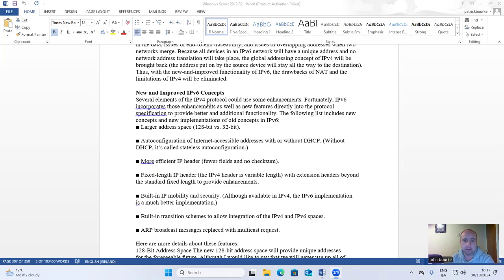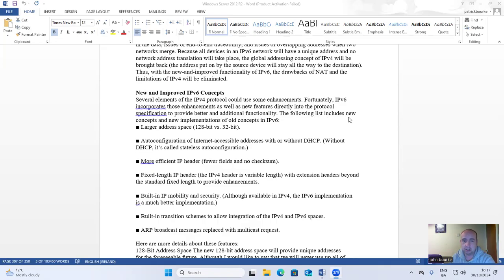Several elements of IPv4 protocol could use some enhancements. Fortunately, IPv6 incorporates those enhancements as well as new features directly into the protocol specification to provide better and added functionality.